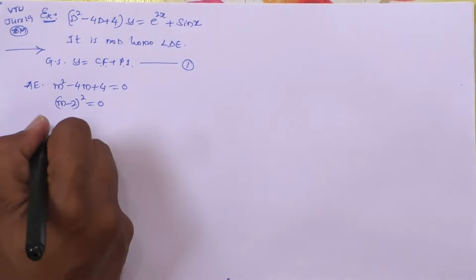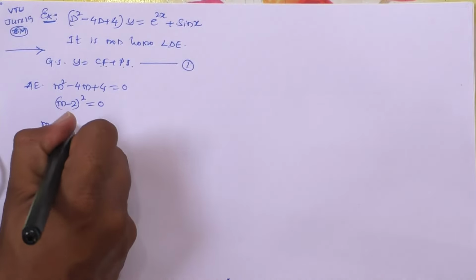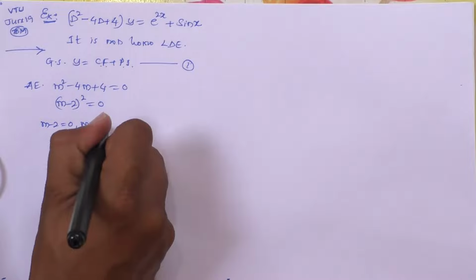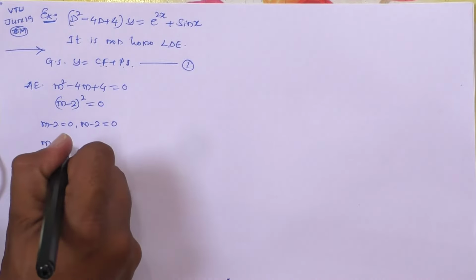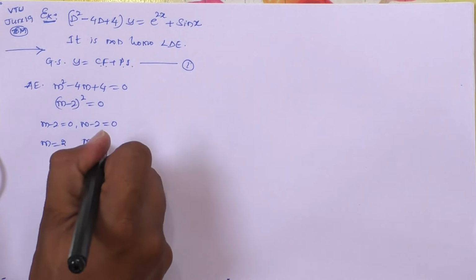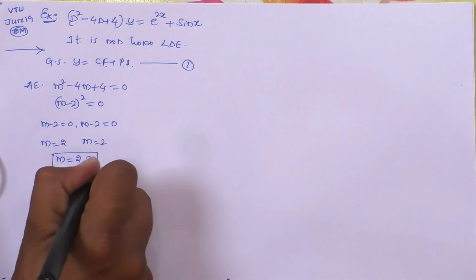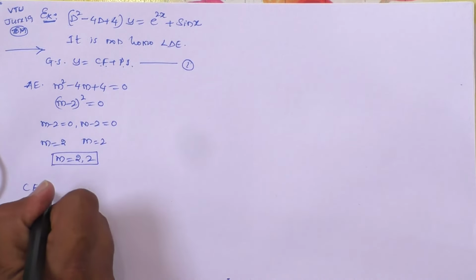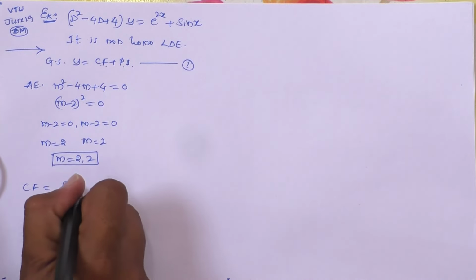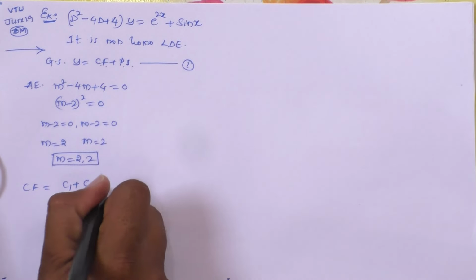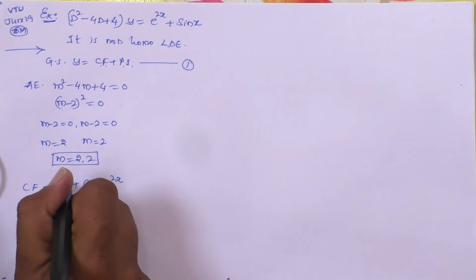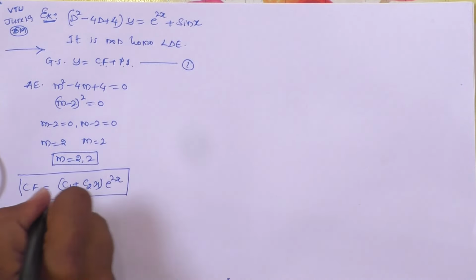So m minus 2 equal to 0, m minus 2 equal to 0. So the m values are 2, m equal to 2. For this, CF can be written as C1 plus C2x into e raised to 2x. So this is the CF.